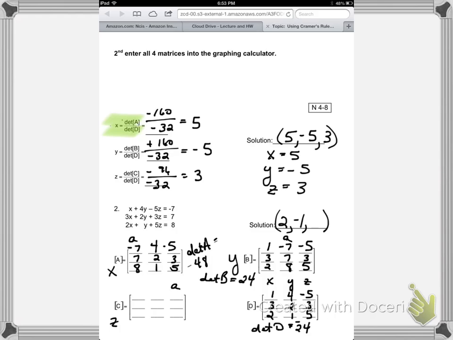For C, the first two columns stay the same: 1, 3, 2, 4, 2, 1. And we put the answers in the Z column, which are negative 7, 7, and 8. And we find the determinant of C to be negative 24 when we put it in the calculator.